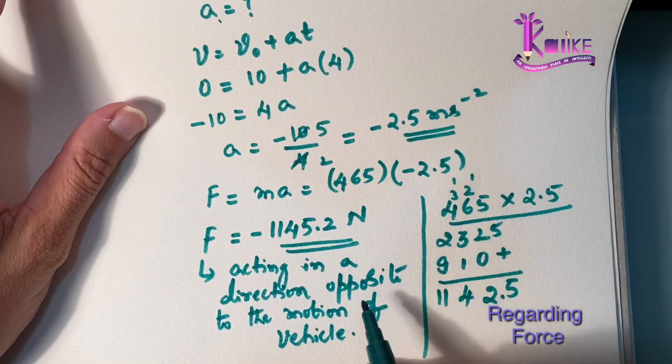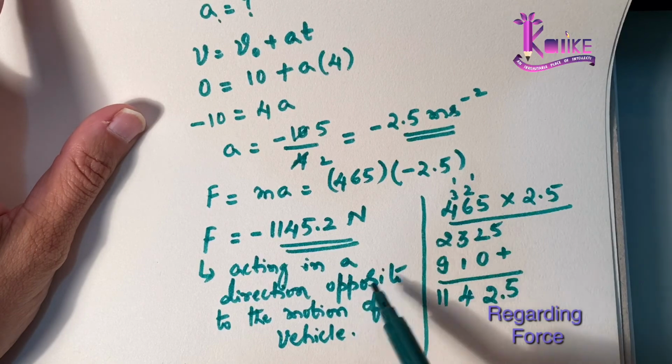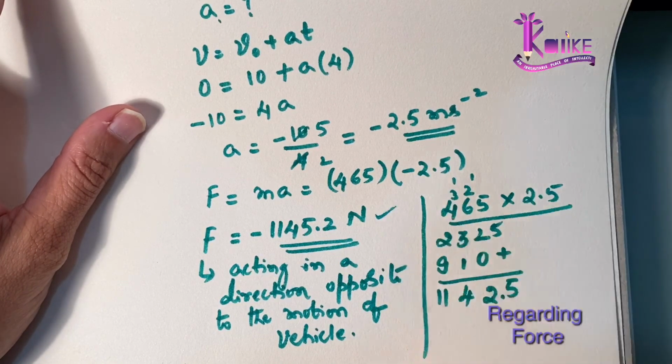And it should, in order to stop the vehicle, right? So the force is acting in the opposite direction and hence the vehicle is brought to a stop. So this is the answer.